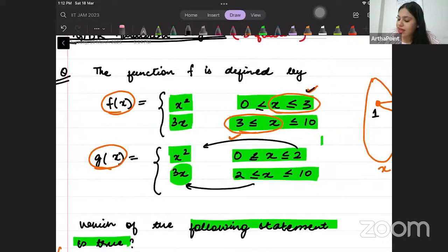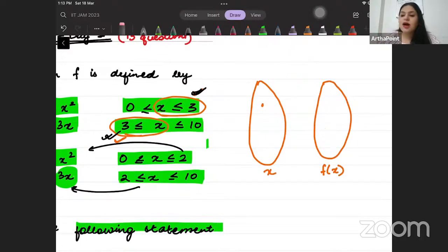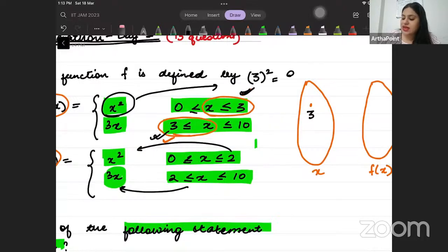Note that x equal to 3 is included on both sides. That means whenever I put x equal to 3, I should get the same value. If I get different values, it will not be a function. When I put x equal to 3 in this part, I get 3 square, which is 9.